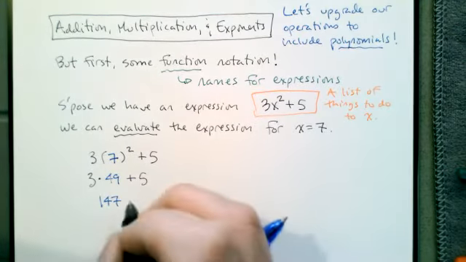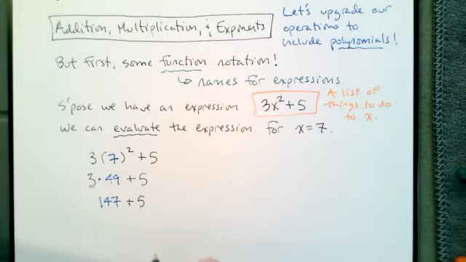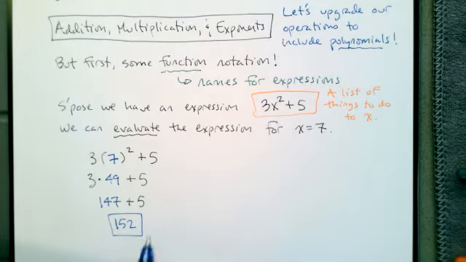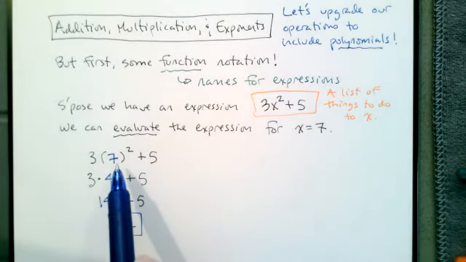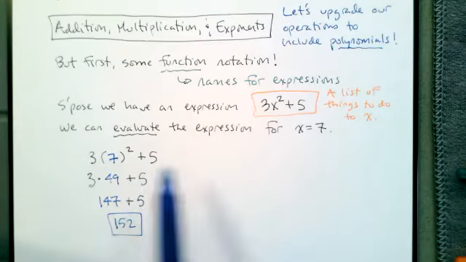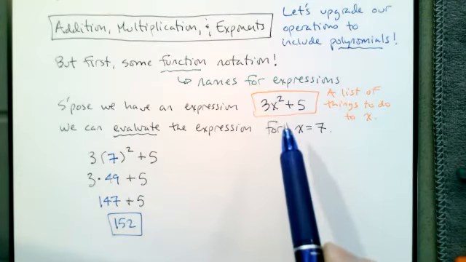And then we add the 5. 147 plus 5 is 152. So here, when we evaluate the expression for x equals 7, we end up with 152. 152 is tied to this value of 7 through this expression.